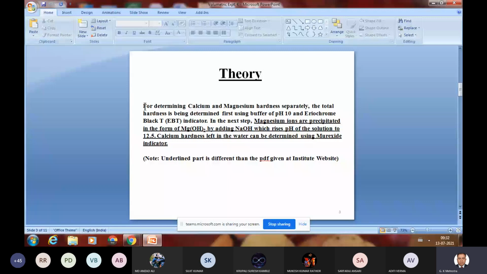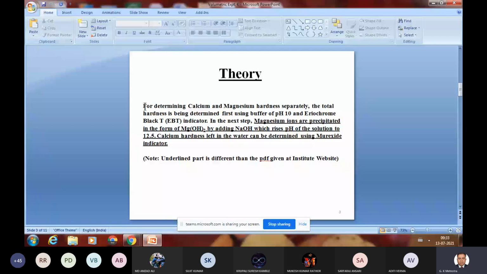It is the international standard method, the most standard. There is no better technique. That's why this titration assumes more importance than the other methods to determine hardness. And hardness is measured in terms of calcium and magnesium cations only.